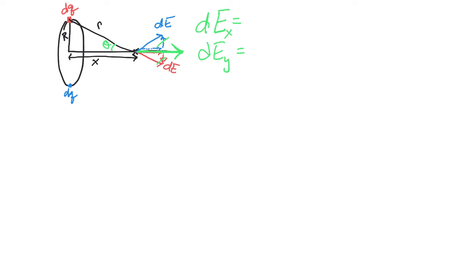So dE sub x is dE times cosine theta, and dE sub y is dE times sine theta.